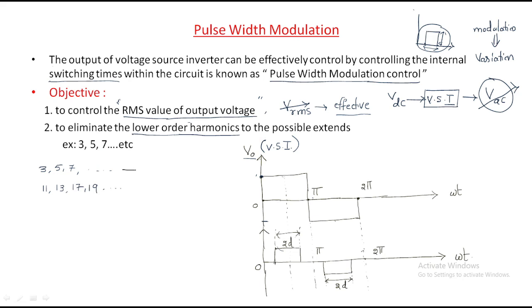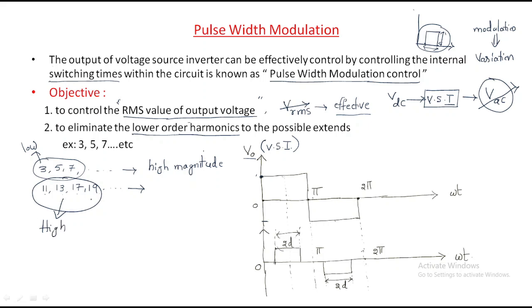But lower order harmonics have a high magnitude. That's why we have to remove this high magnitude. Why is it called lower? It has low values: 3, 5, 7 are low values compared with 11, 13, 17. These are the higher order harmonics.